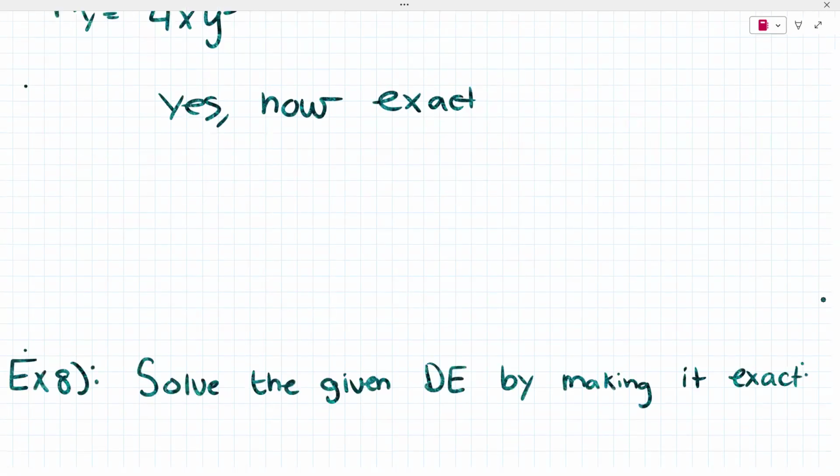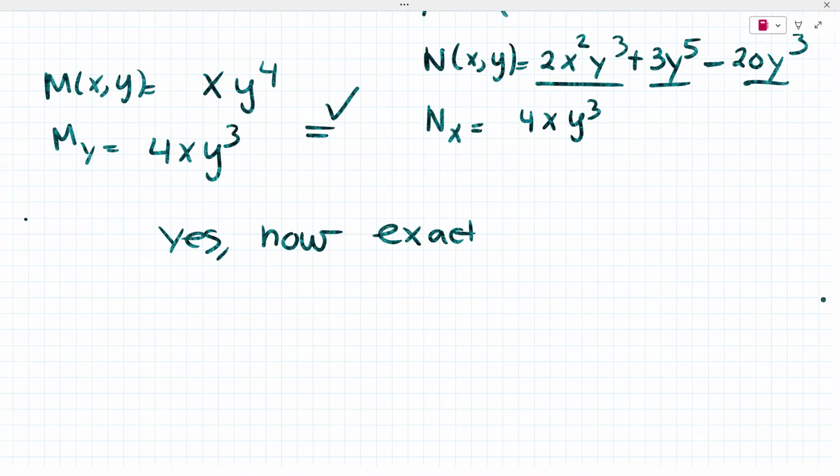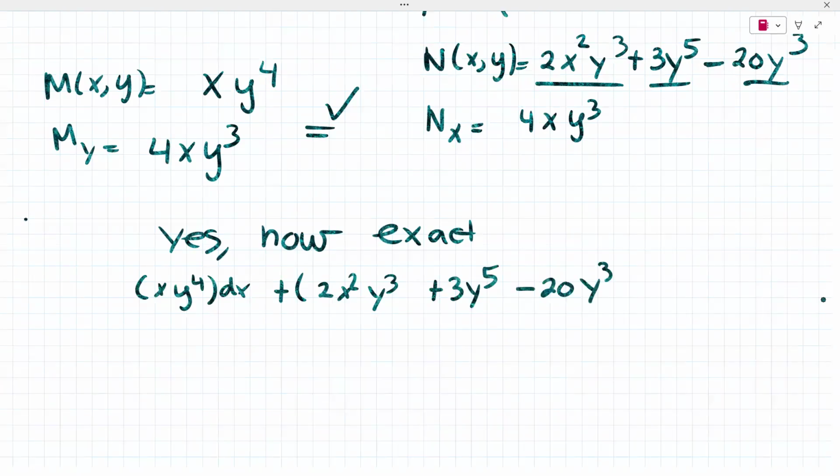So your new exact equation is x y to the fourth dx plus 2x squared y cubed plus 3y to the 5 minus 20y cubed dy equals 0.